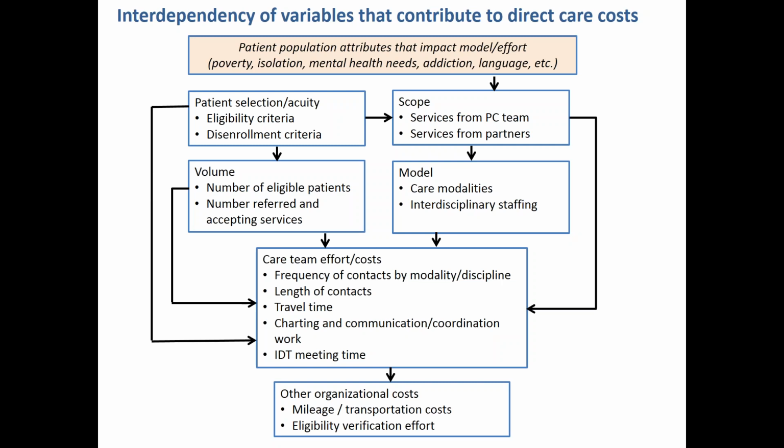So just to give you a flavor of this, you have the patient population attributes that impact the care model and the effort required to deliver care, and that includes things like poverty, which may contribute to food insecurity or housing insecurity, or all those things that go into complicating the delivery of medical care aimed at a serious illness.